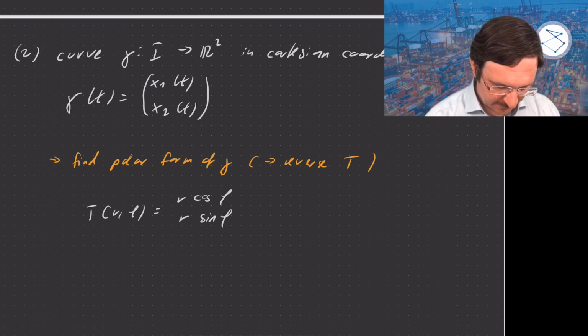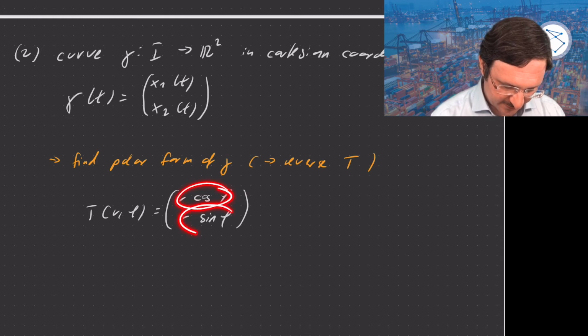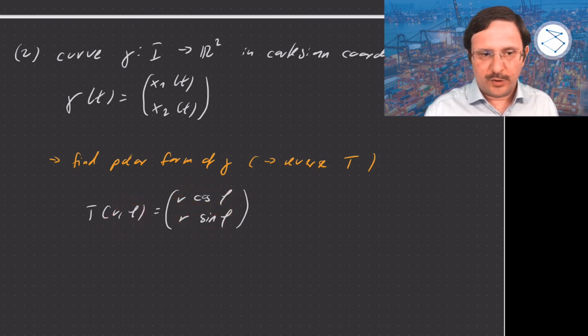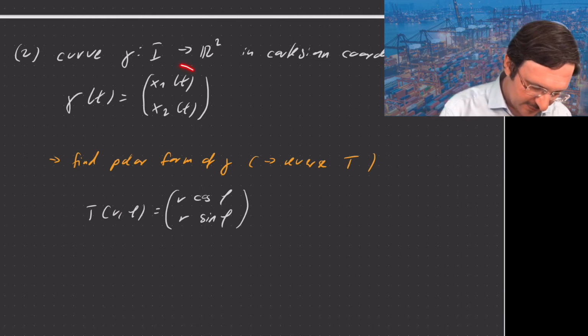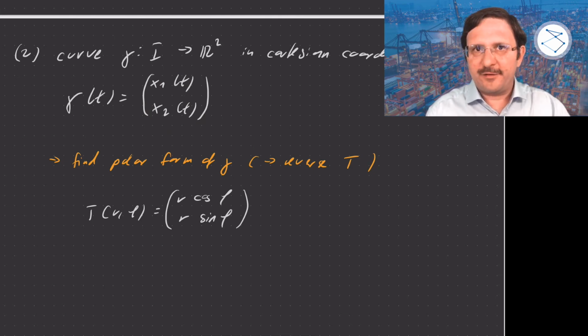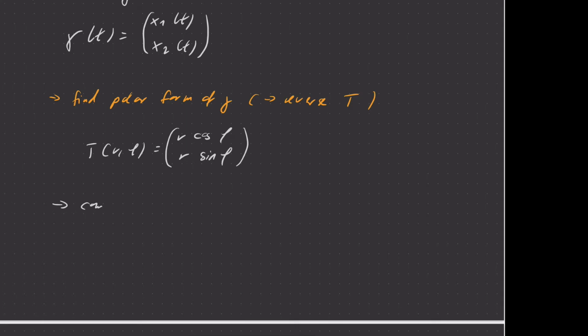So these here are the two Cartesian coordinates that correspond to r and phi. And now, if we want to reverse that, these here are the Cartesian coordinates. Let's see if we can compute r and phi from those. So we need to compute r and phi from x1 of t and x2 of t. And of course, r and phi will then be functions of t.